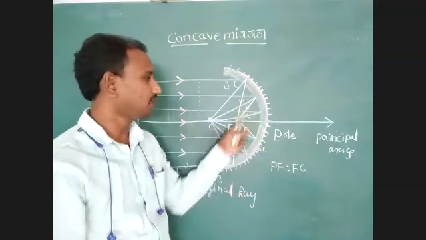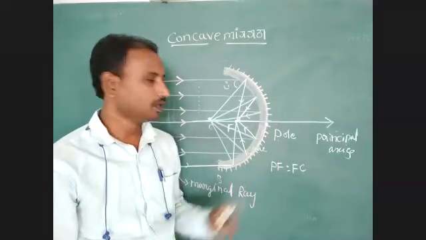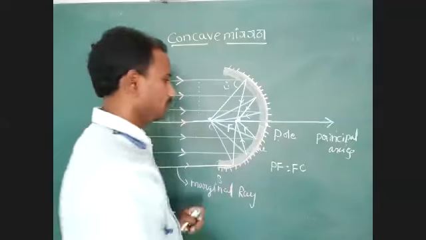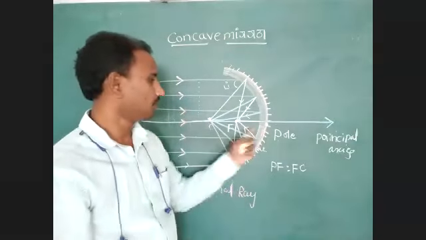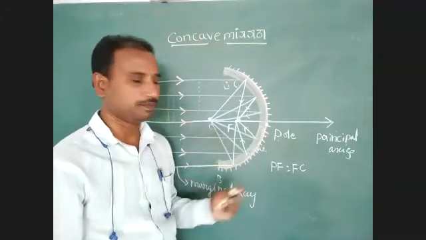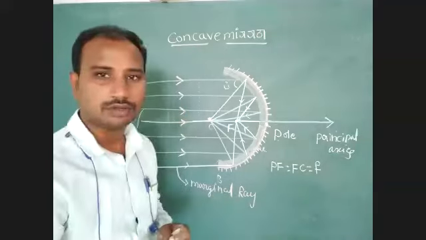After that, all reflected rays intersect at one common point on the principal axis. This common point is called the principal focus. PF equals FC, and this is equal to the focal length.